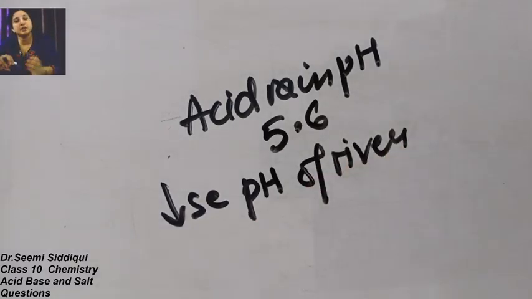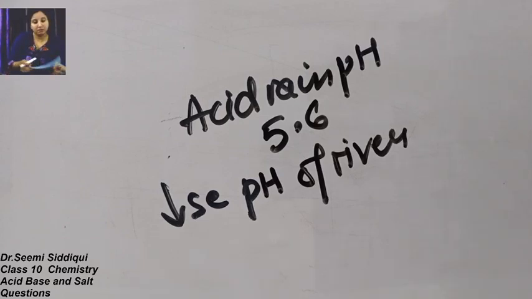When the pH of the river decreases, the water becomes toxic for the aquatic animals. Therefore, they will start dying, or you can write that it will become uncomfortable for them. Clear?